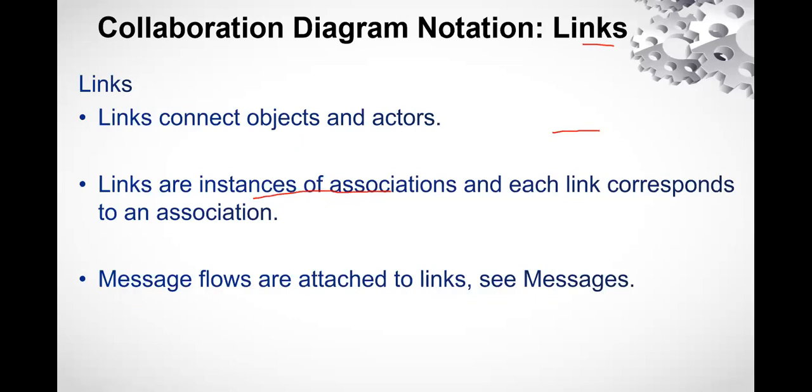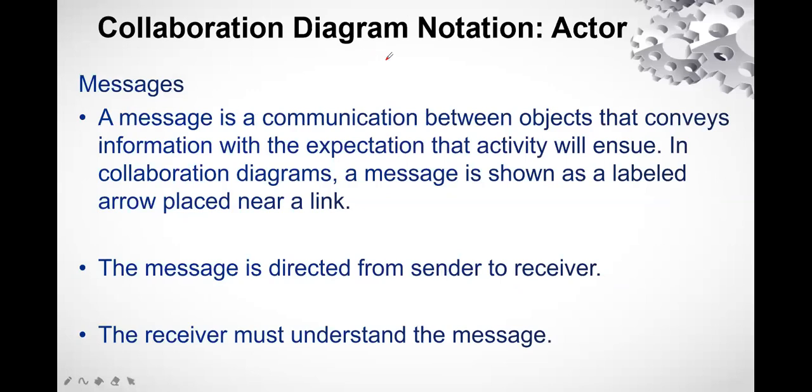Now we are going to see messages. Next one is messages. What is a message? A message is a communication point between two objects, and it defines what we are going to say to the receiver, what message is going to be sent to the receiver.